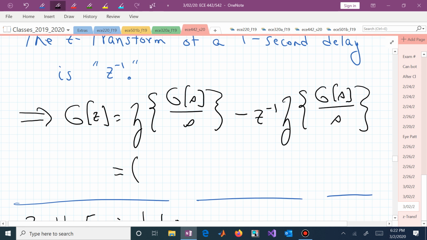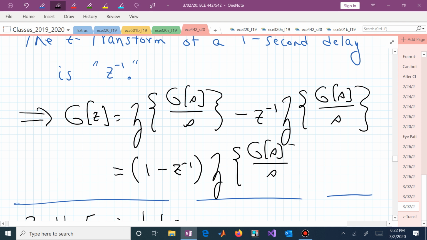And that now says that if I want the Z transform, the zero order hold equivalent of a G of S, I can now produce it. I multiply the Z transform of G of S over S with this factor, 1 minus Z to the minus 1.